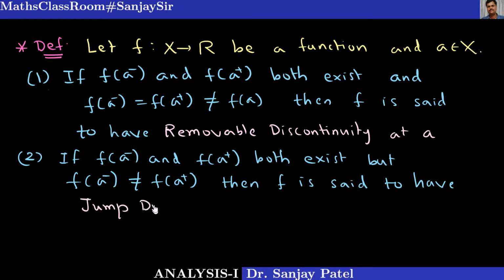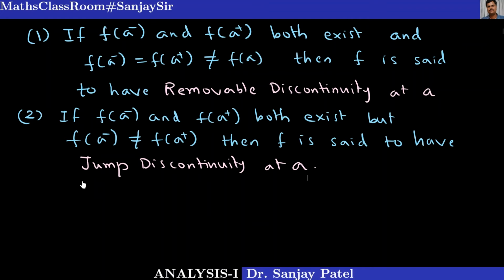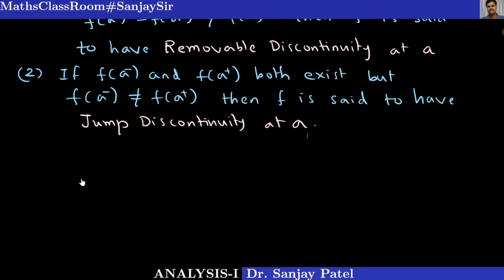We'll see why it is called jump discontinuity and removable discontinuity in examples. Removable, as the name suggests, means we can remove that point of discontinuity; we can redefine the function and make it continuous. Jump discontinuity suggests the function takes some jump at the point a. We'll be clear when we take some examples.